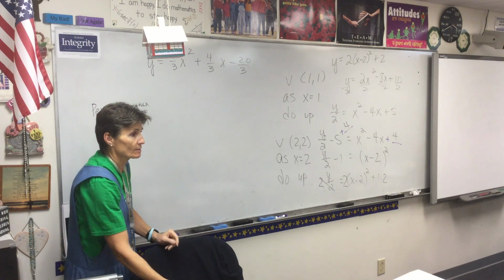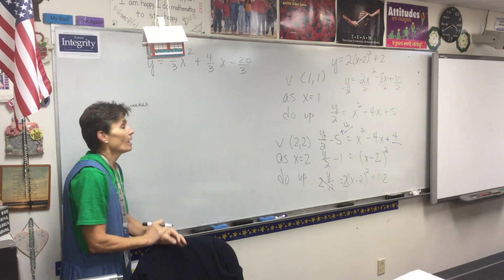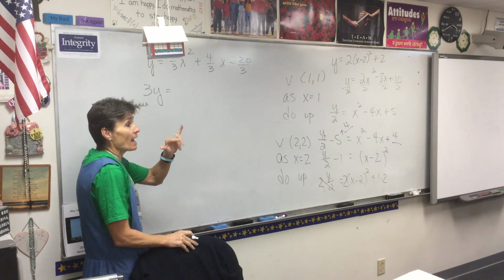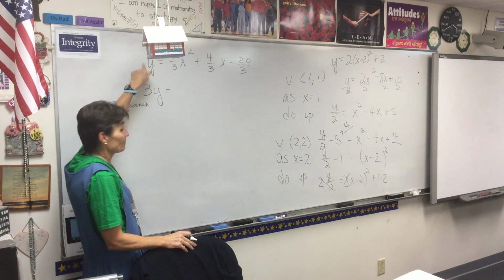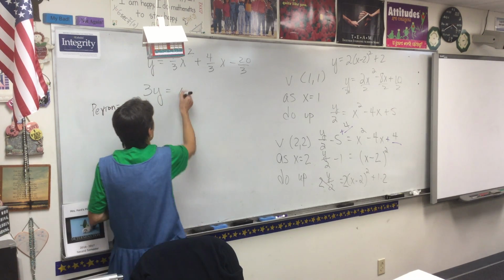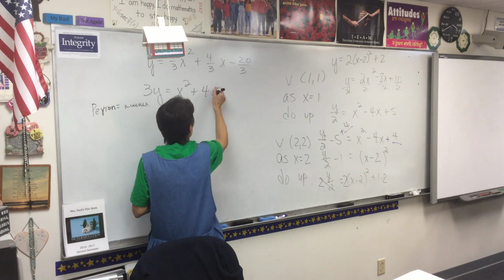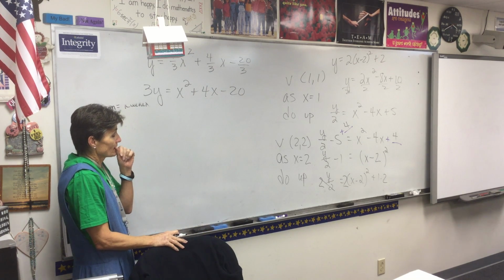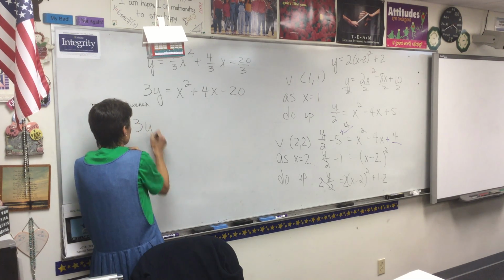Oh my goodness. Times all by 3. Oh, what a great idea, Emma. Times it all by 3. Now, when I do that, I got to multiply both sides by 3. So this becomes 3y equals x squared plus 4x minus 20. And then you have to add over the 20.